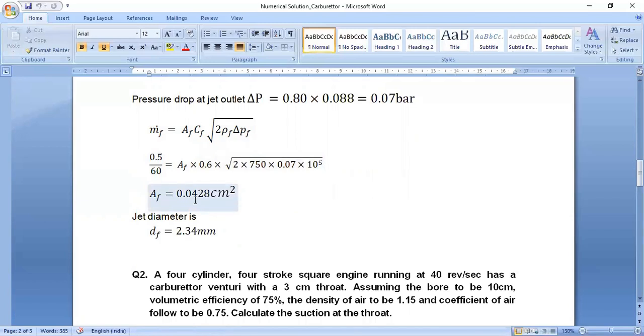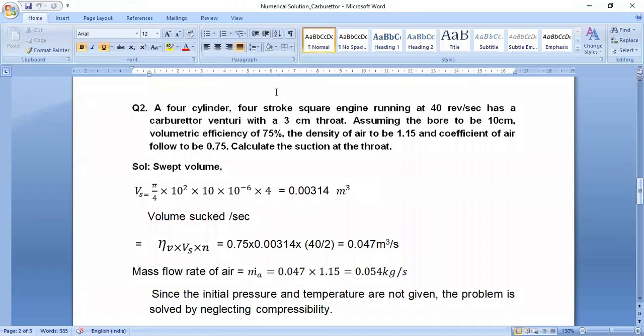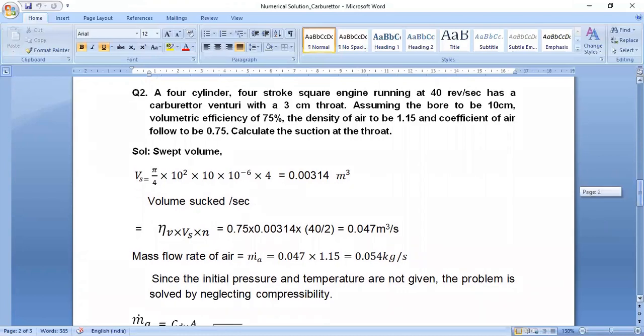That is coming 0.0428 centimeter square. Now area is equal to pi by 4 d square. So from this we can get the jet diameter d_F is equal to 2.34 millimeter. So if the throat velocity is given and other values are given, we can get the value of throat diameter and jet diameter. Now let us discuss another numerical.